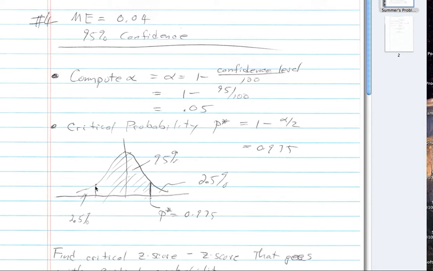So 5% is outside, and if that's this area plus this area, it means that this area by itself must be 2.5%, which is the motivation behind computing this critical probability that they call P star, which is 1 minus alpha over 2. That's 1 minus 0.05 over 2, or that's equal to 0.975. Sorry, that doesn't look too much like a 7.5. So that's going to be the probability in this area right in here.